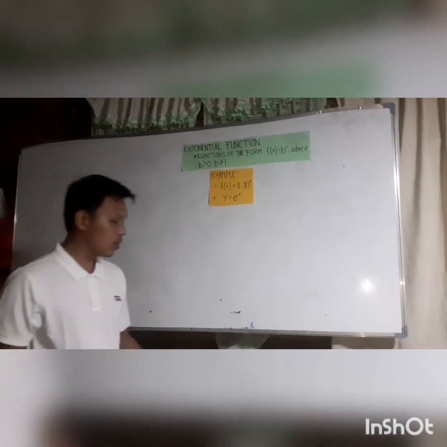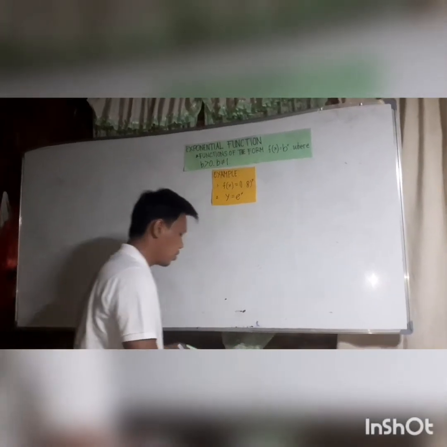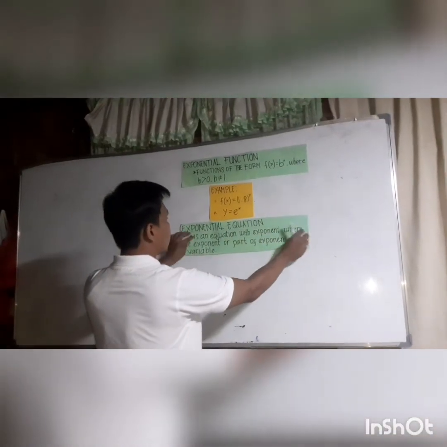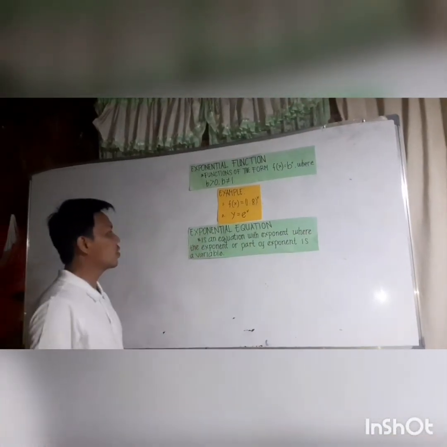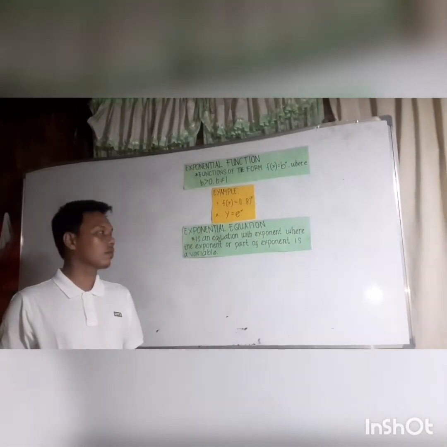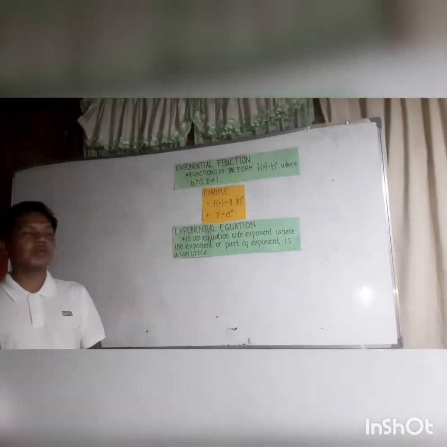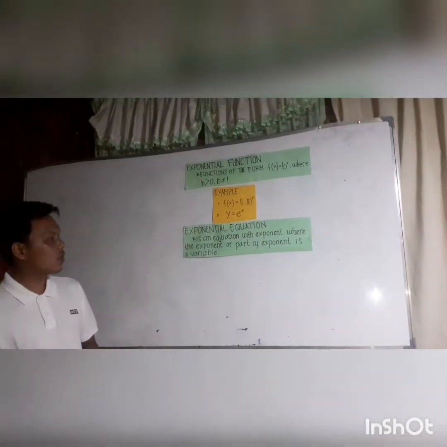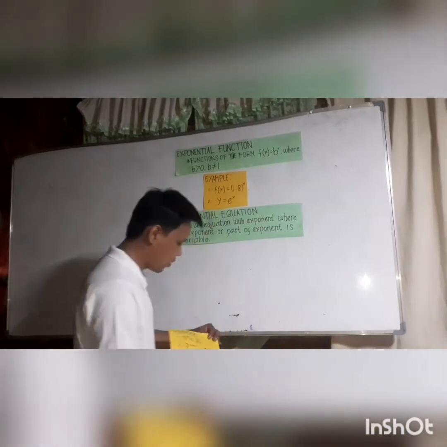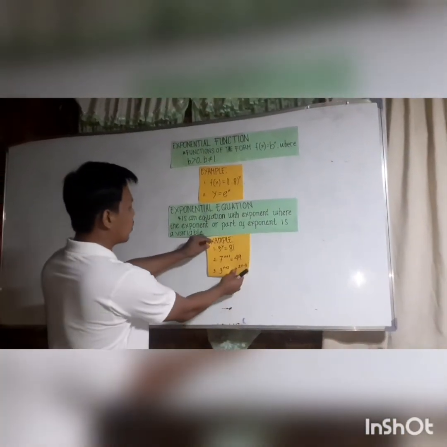So, the next one is the exponential equations. Exponential equations are equations with an exponent, where the exponent or part of the exponent is a variable. So it means, here is the example.